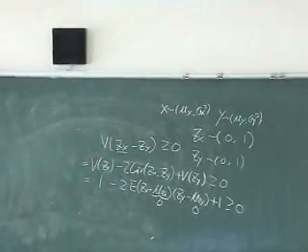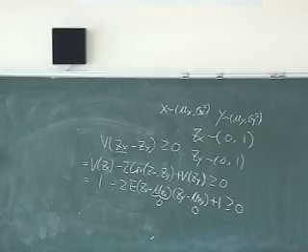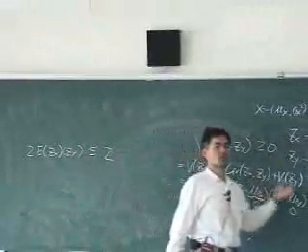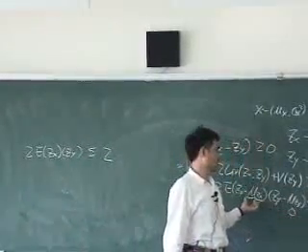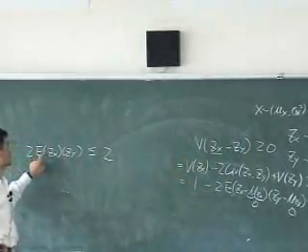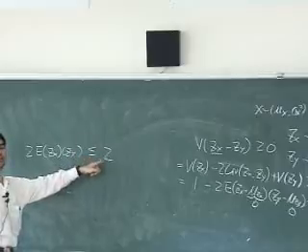Okay, so what do we get? So that means 2 expectation ZX ZY less than or equal to 2, right? Because we move this term to the other side. So that means 2 expectation ZX times ZY less than or equal to 2.